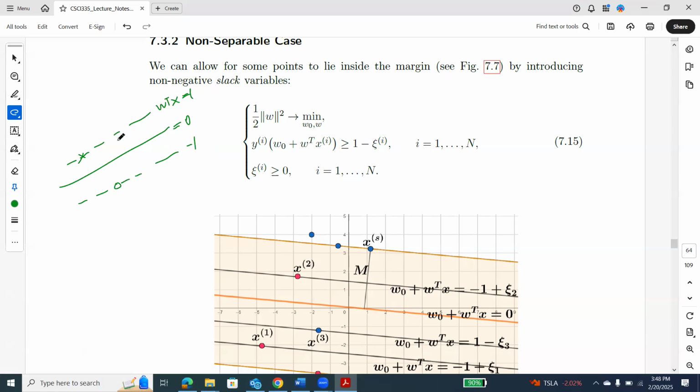But assume that we have some points here. And at the same time, we have a point of the negative class here. In this case, can you draw a line such that all points will be classified correctly?